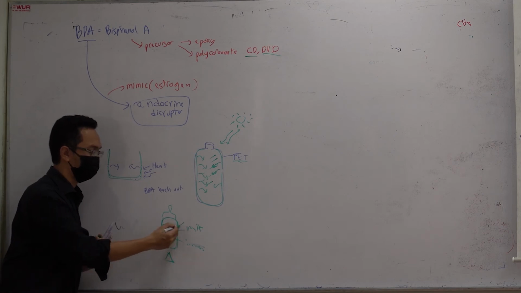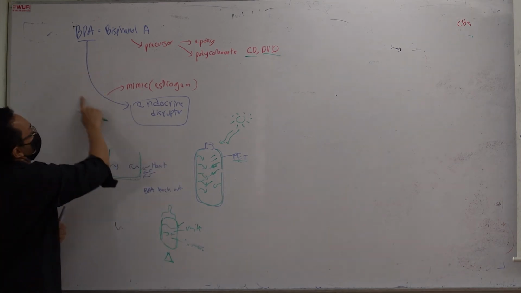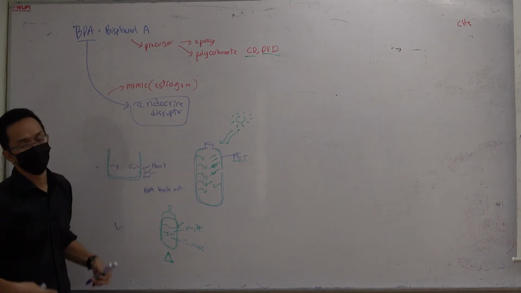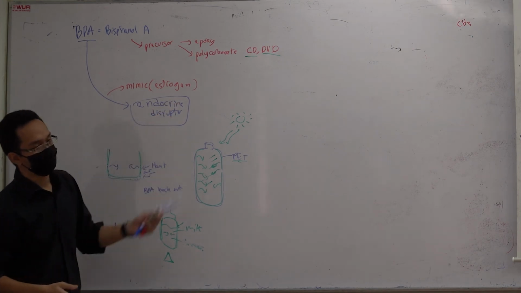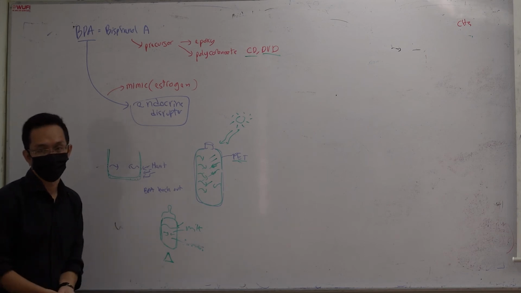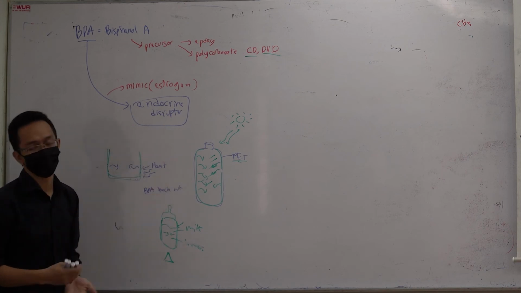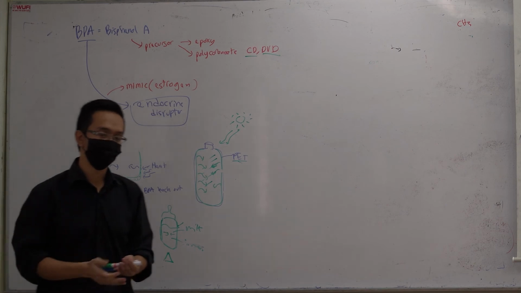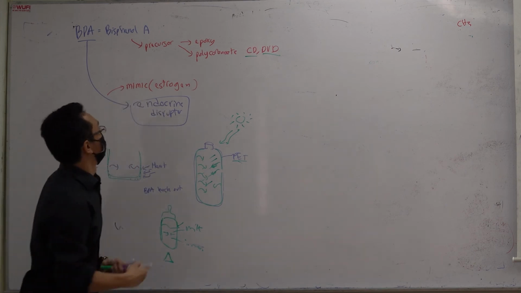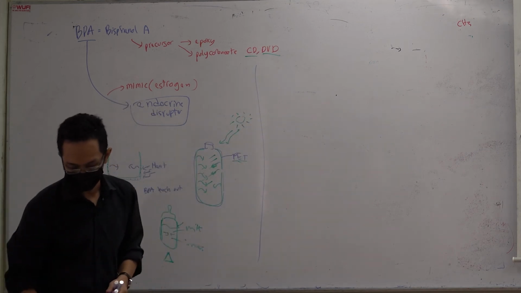If you have BPA inside, then the BPA can leach out, go inside your body, mimic the estrogen and disrupt your endocrine system. That's why people say if you want to be safe, use glass, because glass doesn't have all this. But the disadvantage of glass is that it is heavy, easy to break, and so on. Okay, so that's about the BPA.